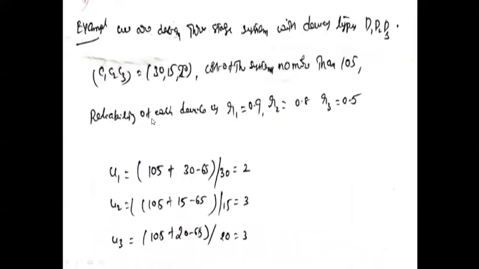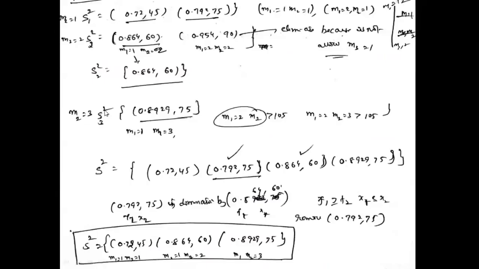Why are we calculating S1 square, S2 square, S3 square? Because we are calculating the upper bound, that is the maximum value. The upper bound is 3. So in the second stage the maximum value we are using is 3. That's why we are calculating S1 square, S2 square, and S3 square.